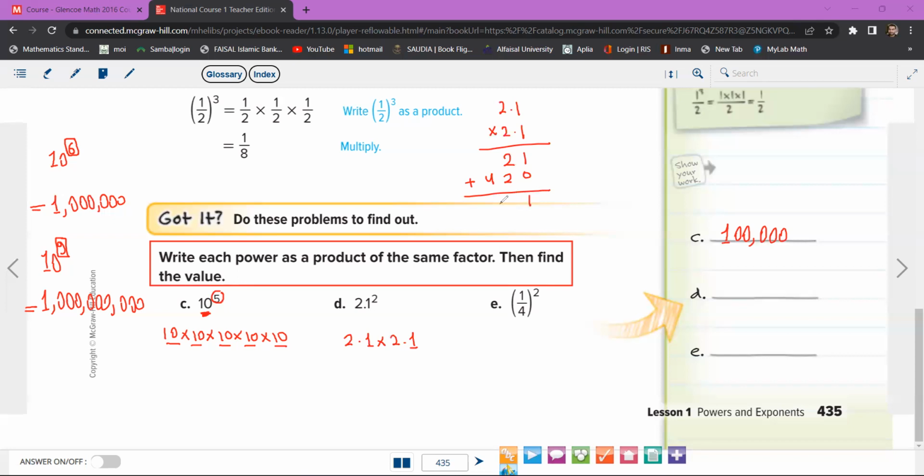So 1, 4, 4, decimal point after 2 digits. So this will be 4.41. 1 over 4 to the power of 2 is like 1 over 4 multiplied by 1 over 4. Multiplying numerators and denominators gives you 1 over 16.